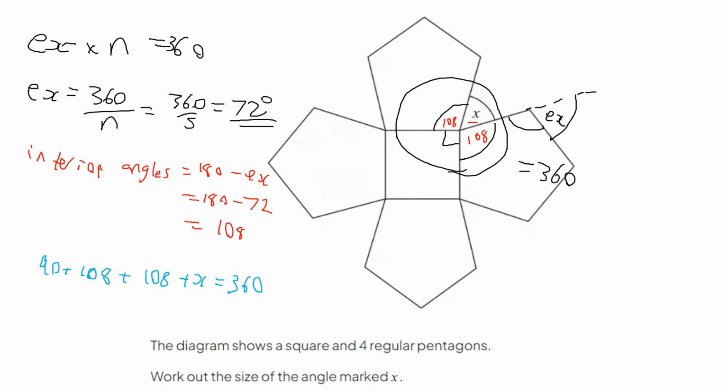Let's add up our like terms. So 90 plus 108 plus 108 is 306, plus x is equal to 360. And so therefore x is going to be 360 minus 306, which is equal to 54. Okay? And so therefore x is equal to 54 degrees.